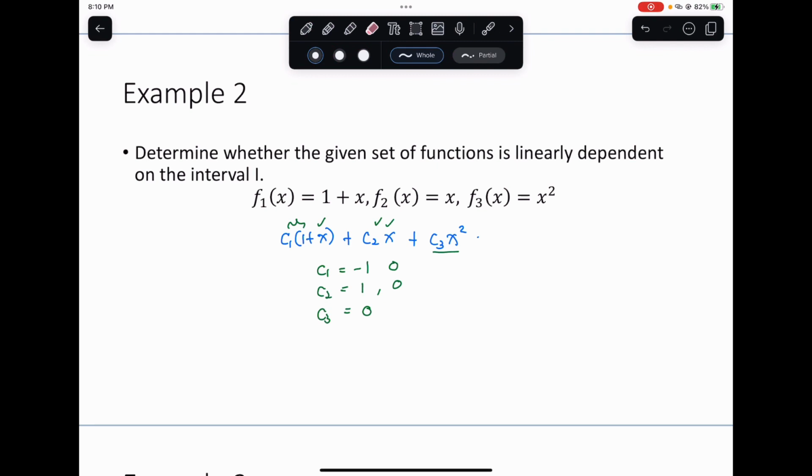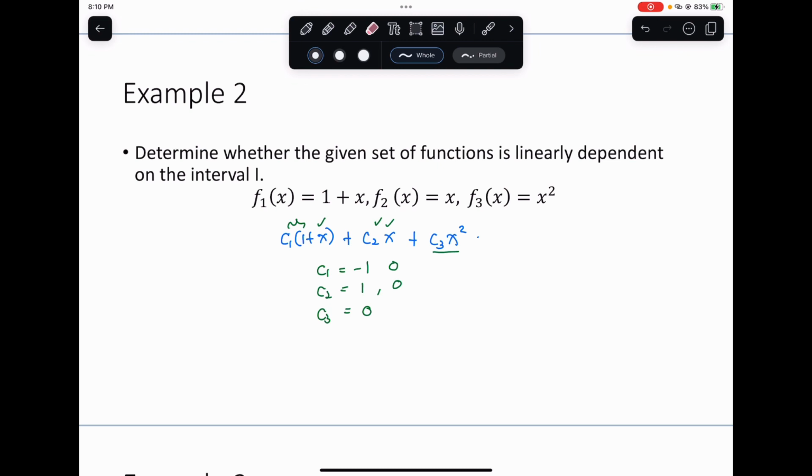There are 3 zeros. So it's not possible to have 3 zeros, or all zeros, for the arbitrary constants. So in short, there's no combination for the values of the arbitrary constants that would make this one equal to 0. So there will be no combination of values for the arbitrary constants that will make the linear combination equal to 0.